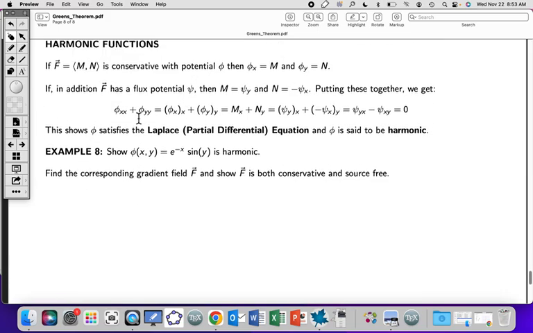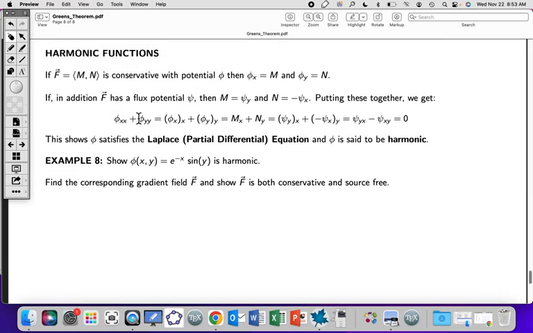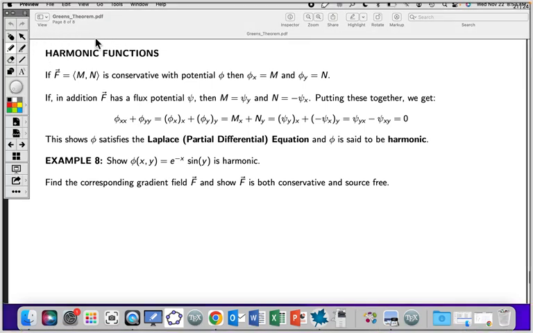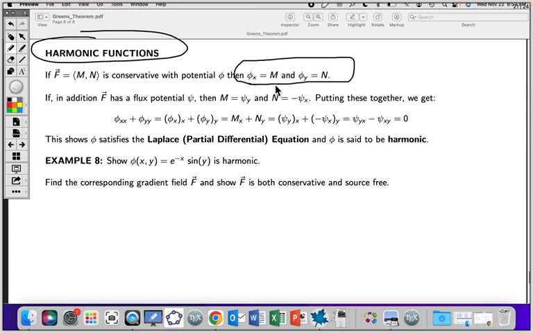All right, the last thing to talk about here is harmonic functions. This would be a nice topic for a project to kind of dive deeper on, harmonic functions. So if you've got a conservative field with potential phi, then phi x is m and phi y is n. If in addition F has a flux potential psi, then m is also psi y and n is also minus psi x.